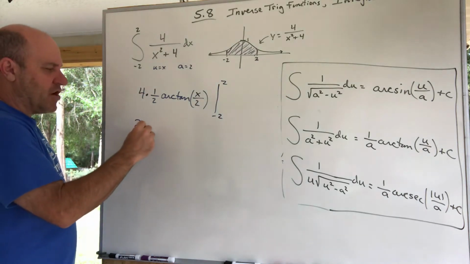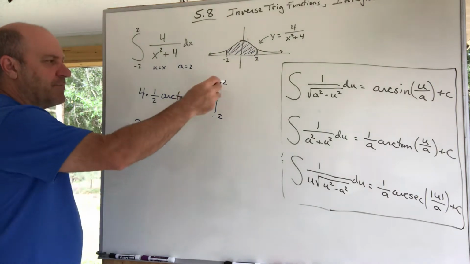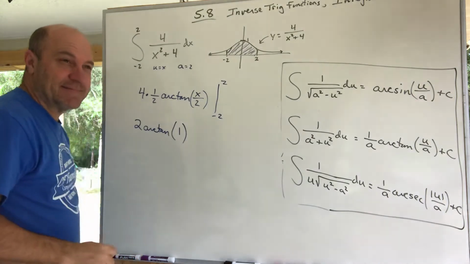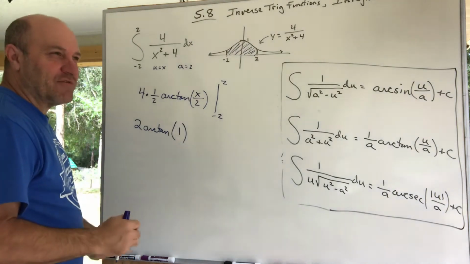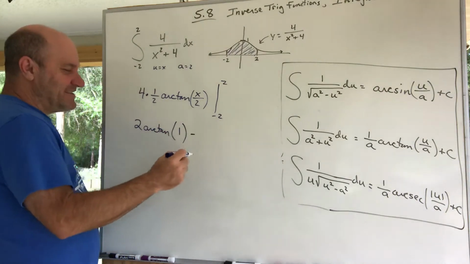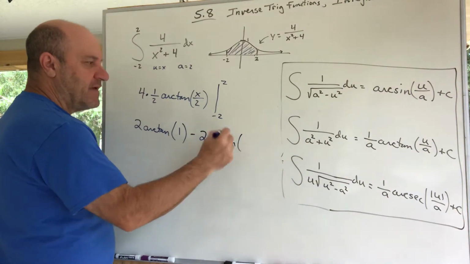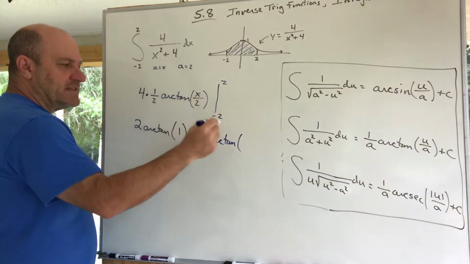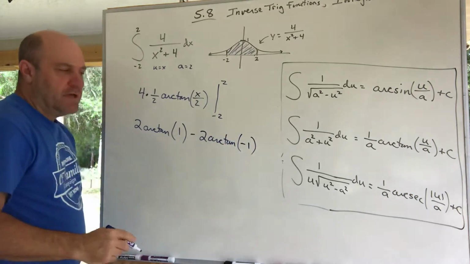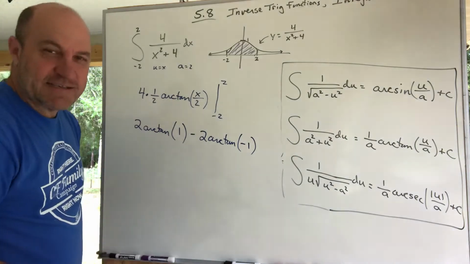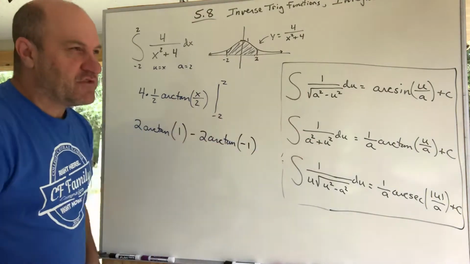And I have the arctangent of, when I plug in a 2, that's a 1. Minus, there's a 2, and an arctangent of, when I plug in the -2, that's a -1. So, sometimes arctangents and arcsine, all these things are little weak areas for students sometimes.